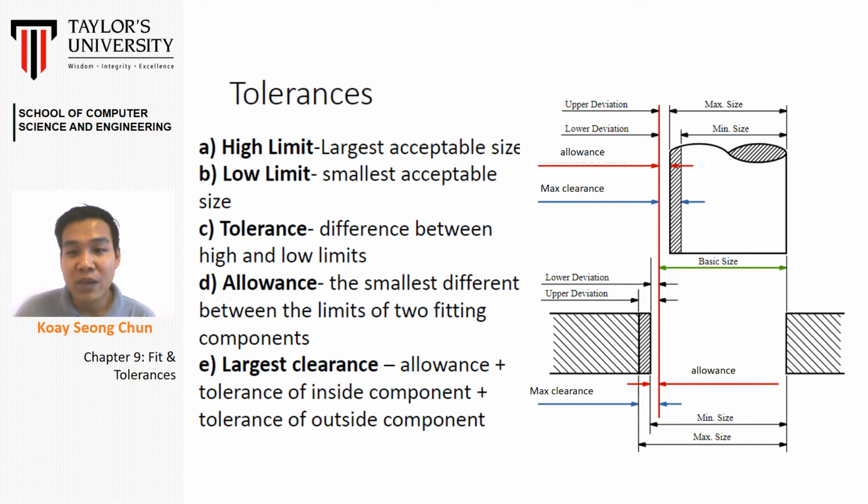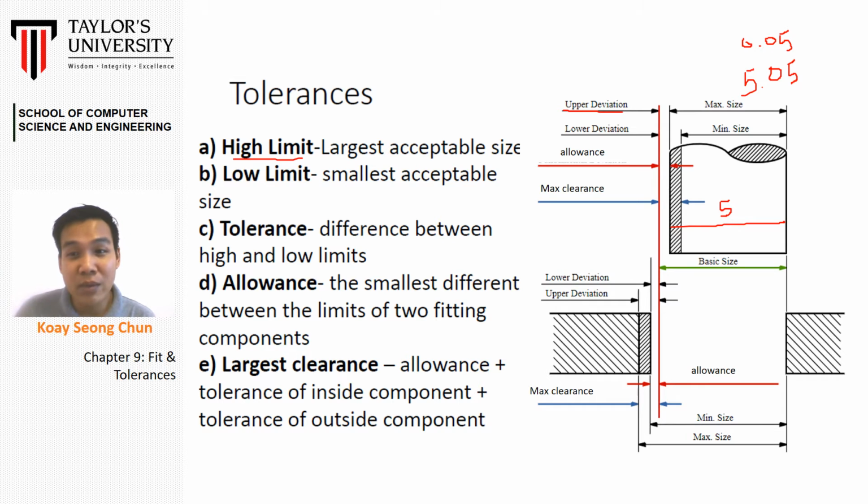Let's say I have a shaft with a diameter of 5 cm, and my tolerance is set at 0.05. So what is my upper limit, or my high limit? My high limit is allowed to have 0.5.